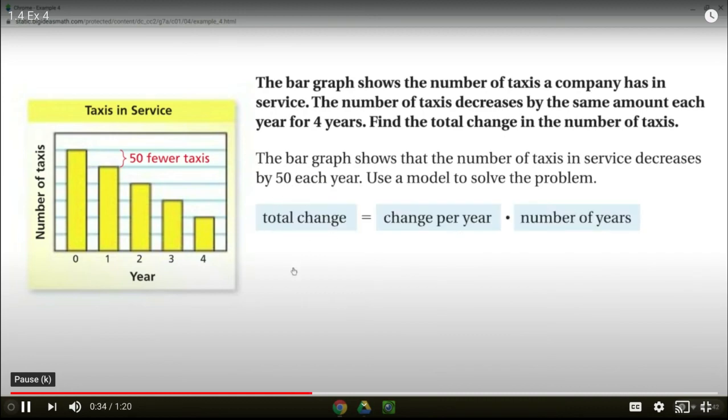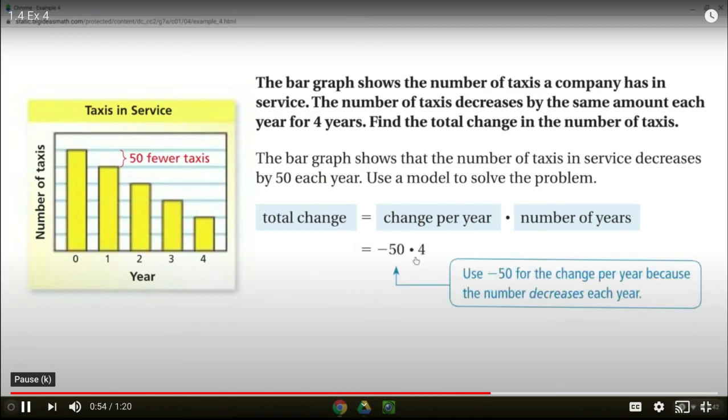To find the total change, we take the change per year and we multiply it by the number of years. Well, we know that the number of years that this is happening is 4, and the change per year, by looking at this chart, we can see that every year it goes down by the same amount, which they tell us is 50 fewer taxis. So to get the total change, it's negative 50 times 4.